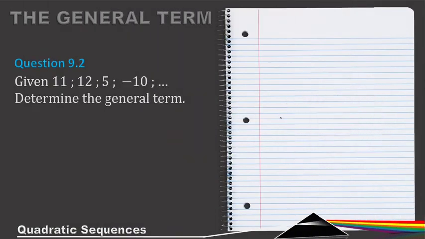Right, question 9.2. So once again, we need to find the general term, being Tn equals an squared plus bn plus c. And just to remind you again, when you're in a test or exam, generally, in most cases, they won't tell you what type of sequence it is.